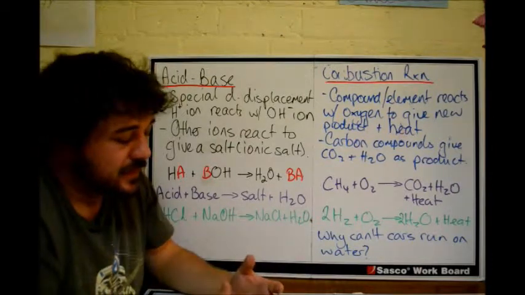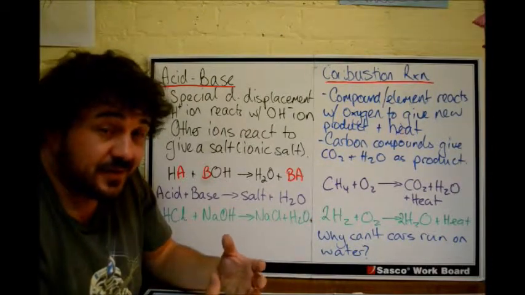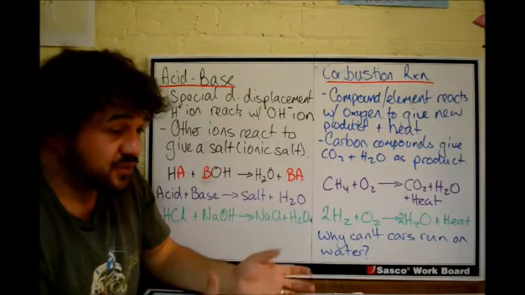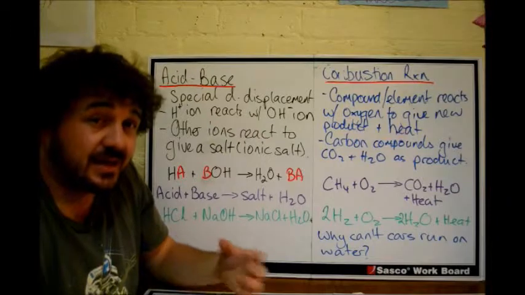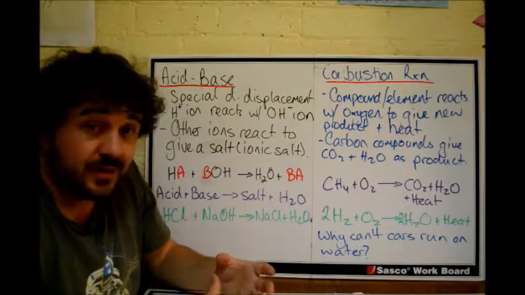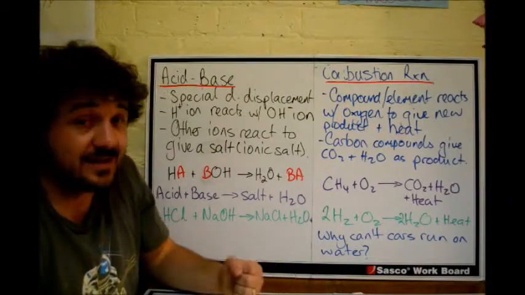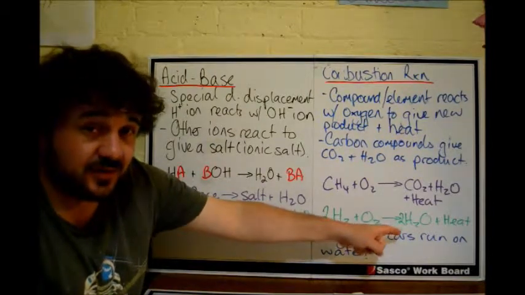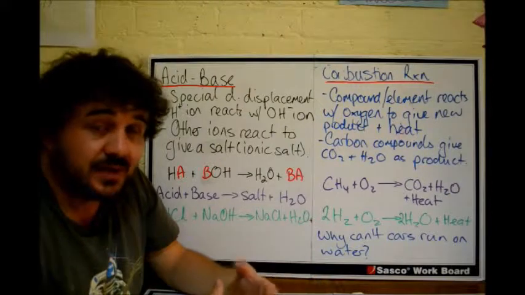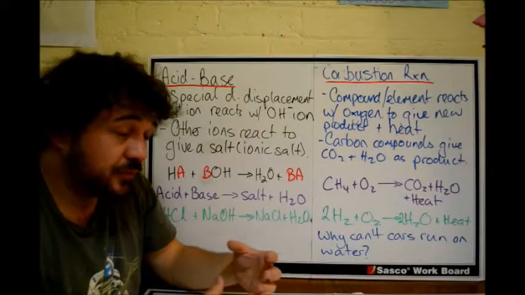Now, there's always the fun conspiracy theory that Shell or whatever big oil company you like has a car that runs on water. But the thing is, they can't, because water is a product of combustion, which means you can't combust it any further. It is a product of combustion.